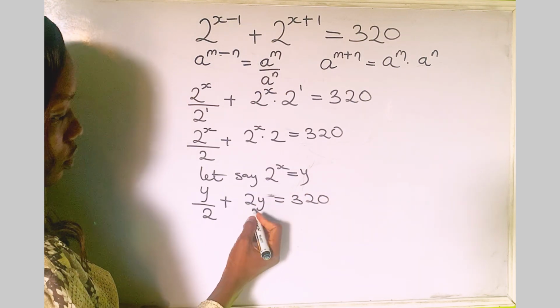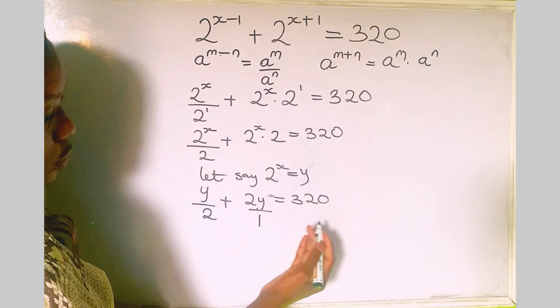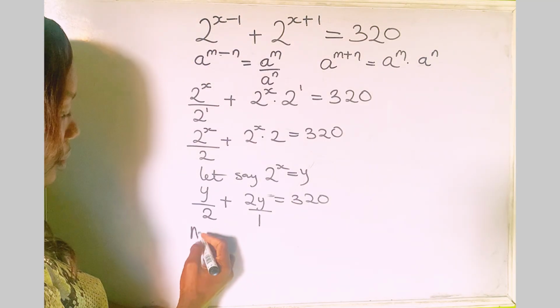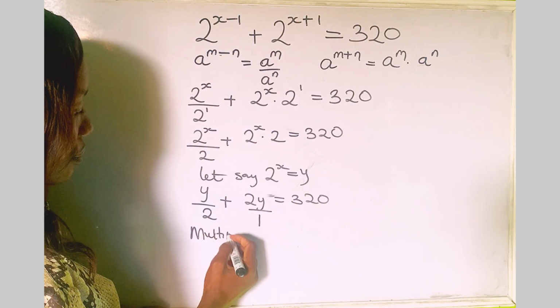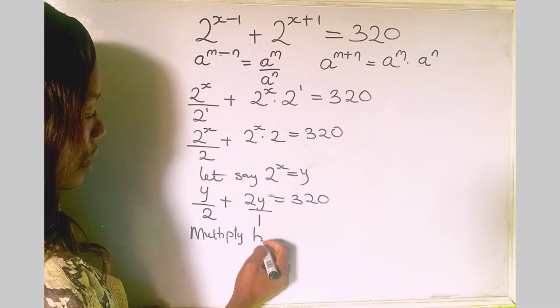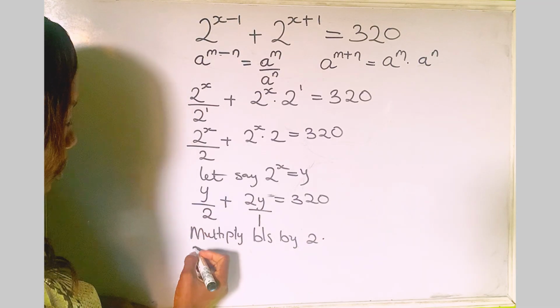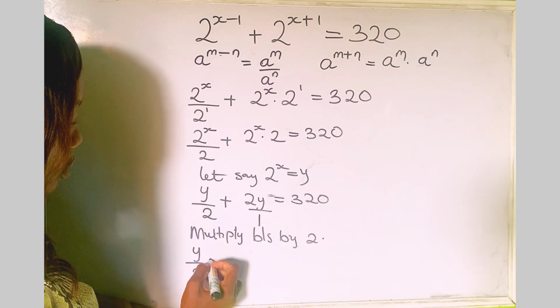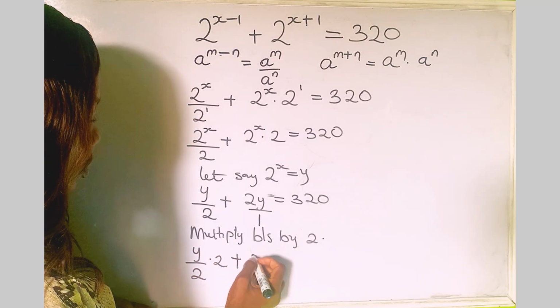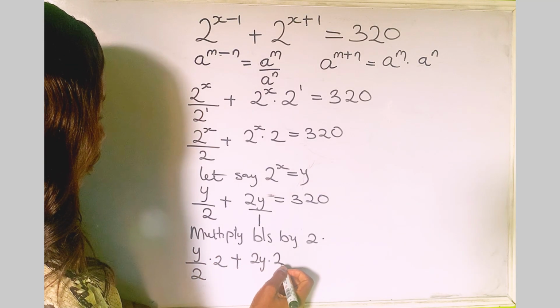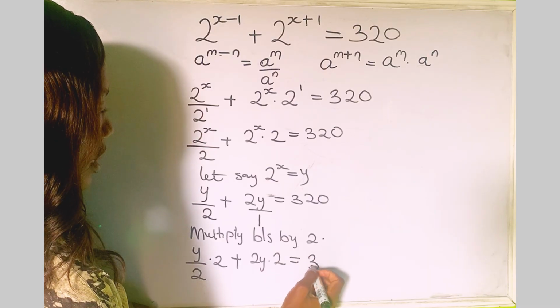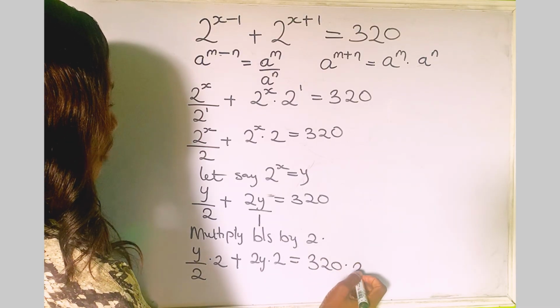Okay, now this is over 1, and if you want you can multiply both sides by 2. So to do that, you have y over 2 multiplied by 2 plus 2y multiplied by 2 is equal to 320 multiplied by 2.